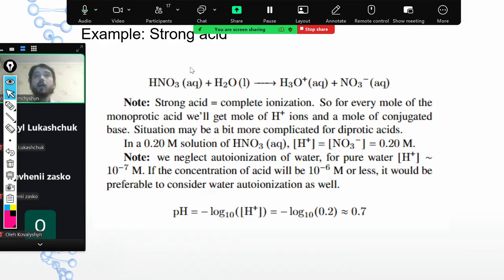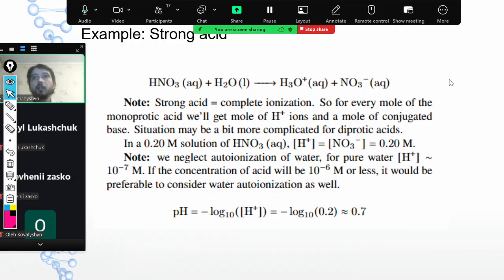Here is an example of a strong acid. What does it mean that the acid is strong? It fully dissociates, so there is a complete ionization of the acid. Here is HNO3 and it dissociates. It gives you NO3 minus and H3O plus. Good. This is a monoprotic acid, so it has just one hydrogen it can give off.